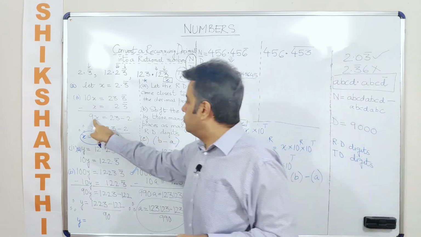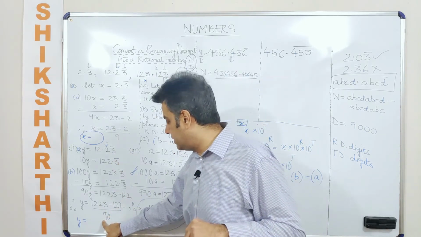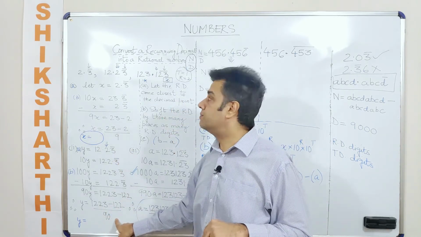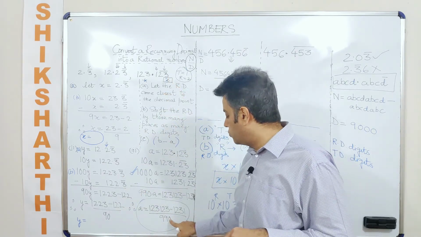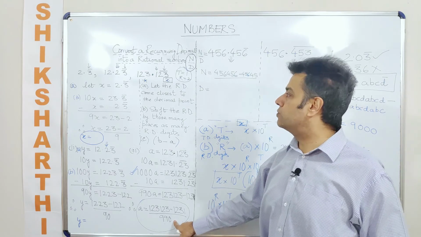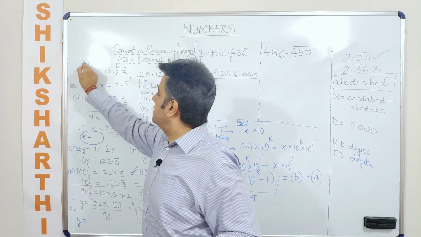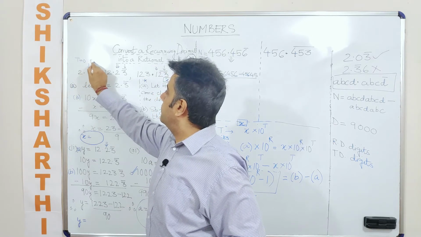So here you would see that in the denominator you got 1, 9. Here in the denominator you got 1, 9 followed by a 0. Here in the denominator you got what? You got 2 9s followed by 1 0. Let me first say here t is 0 and here the value of r is 1.